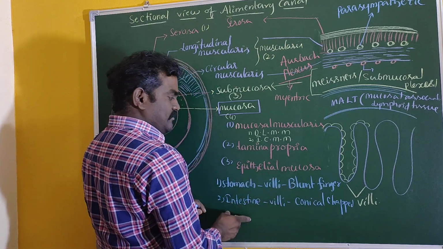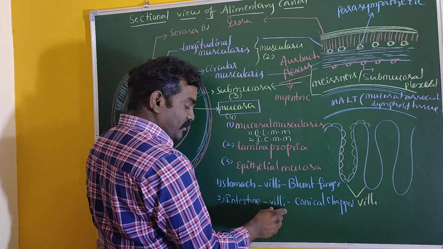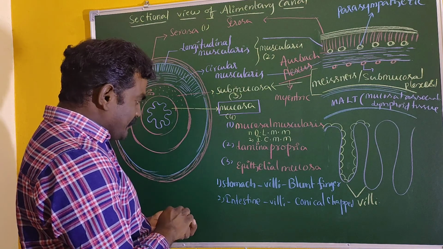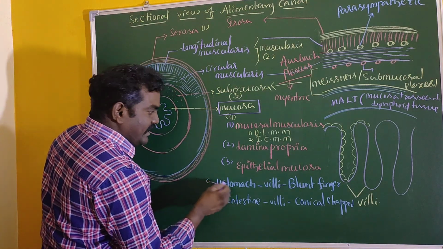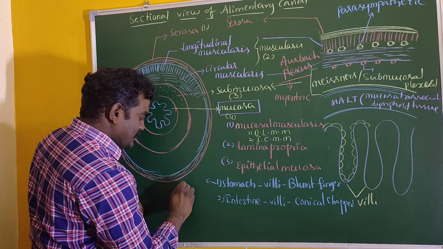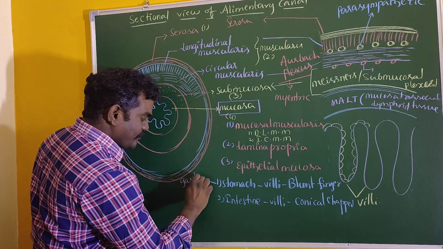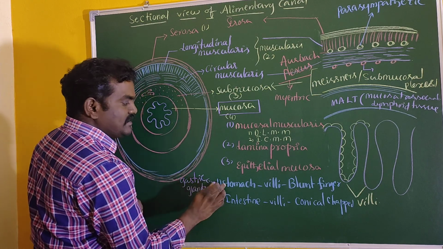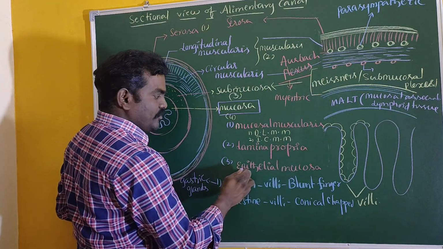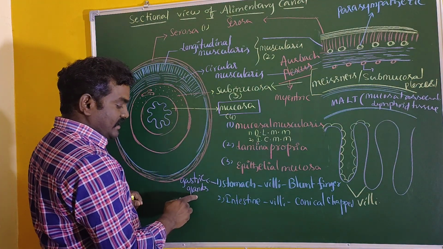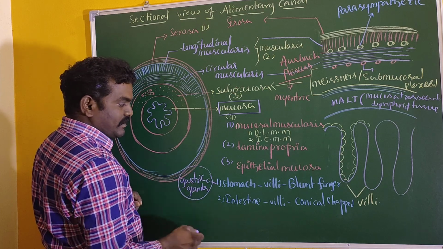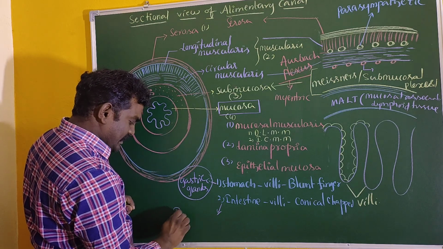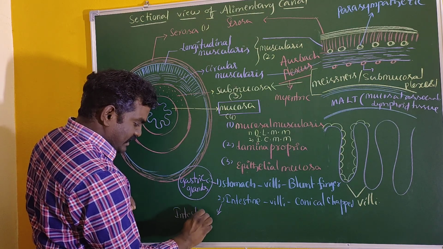The mucosal epithelium forms villi in the intestine, and they appear conical. In the stomach, this epithelial mucosa develops gastric glands, and in the intestine it develops intestinal glands.